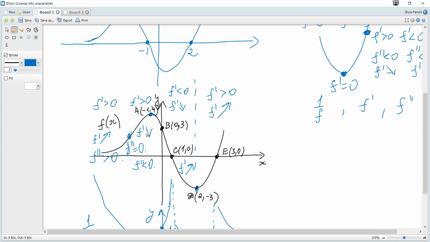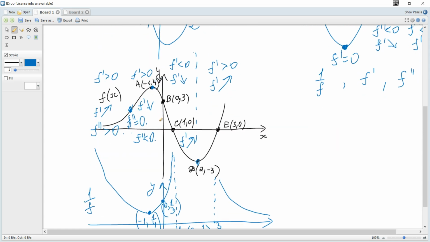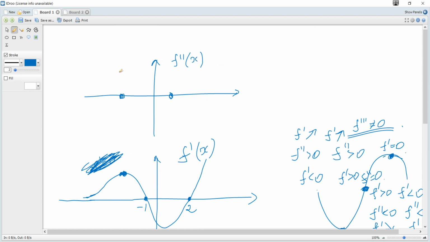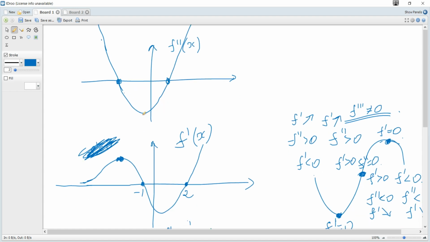And what does it mean? Concave up, second derivative is positive, and concave down, second derivative is negative. So it looks like this. And again, it's not a perfect parabola, it's something like this.